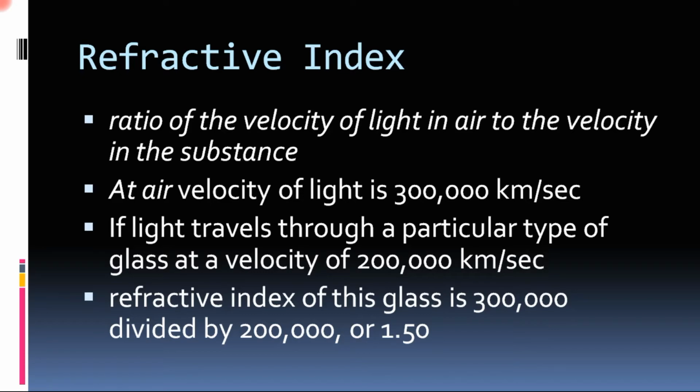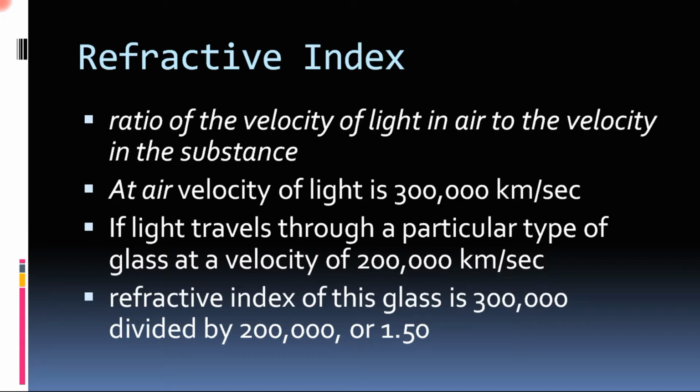In air, the velocity of light is around 300,000 kilometers per second. If we imagine that light is traveling through a particular type of glass at a velocity of 200,000 kilometers per second, then the refractive index, by putting it in the formula, is the ratio of the velocity of light in air to the velocity of light in the substance.